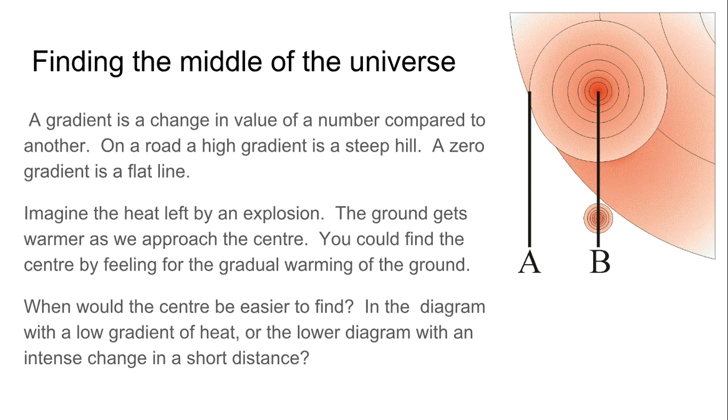So let's do a little mind experiment. A gradient is a change in value of a number compared to another. On a road, a high gradient is a steep hill. A zero gradient is a flat line. So if you were walking up the side of a mountain, it would be very obvious to you your altitude is changing.